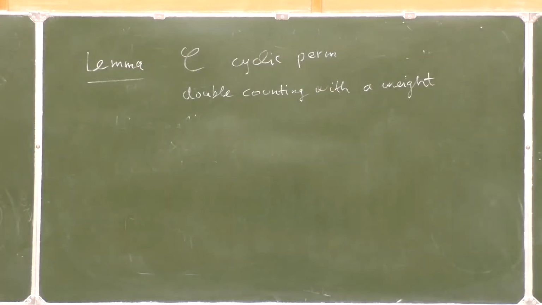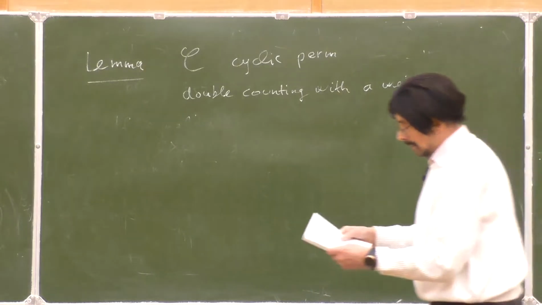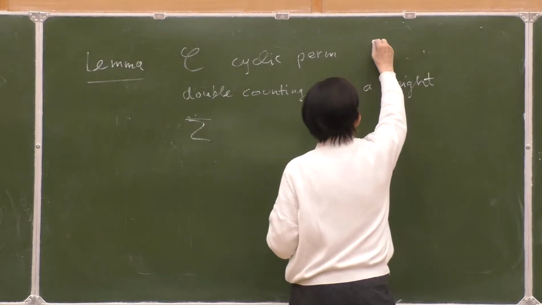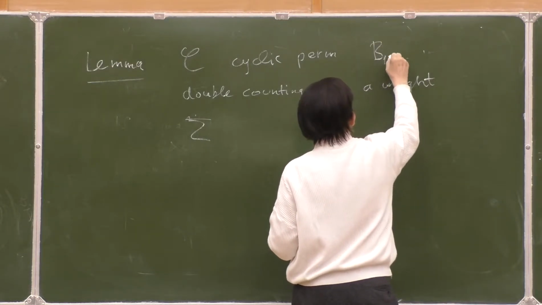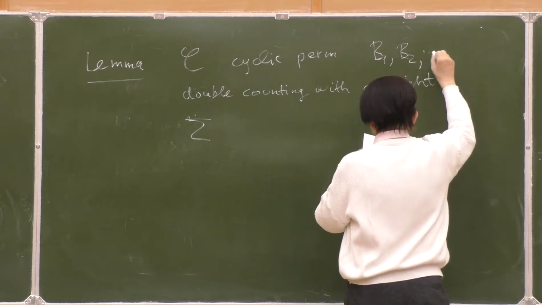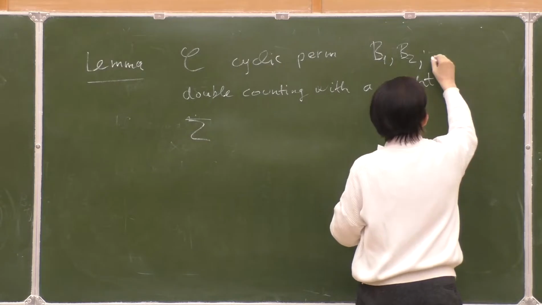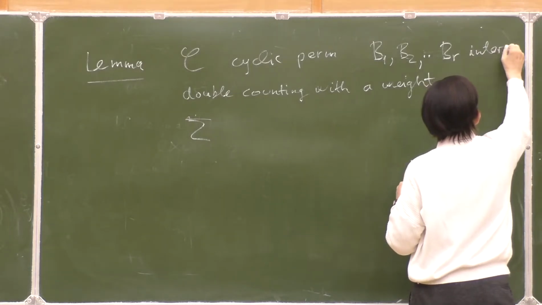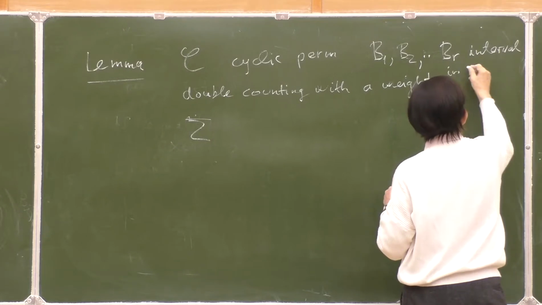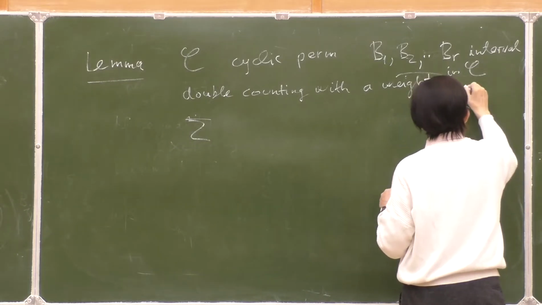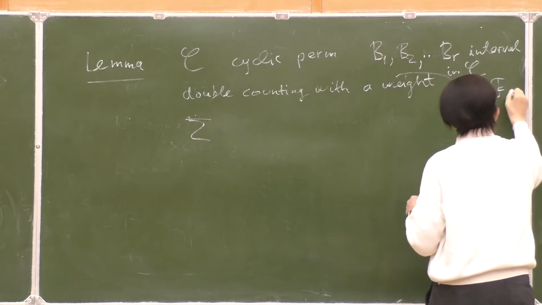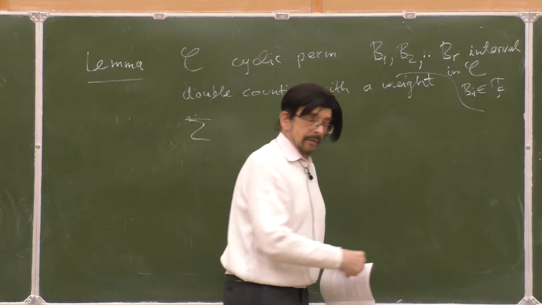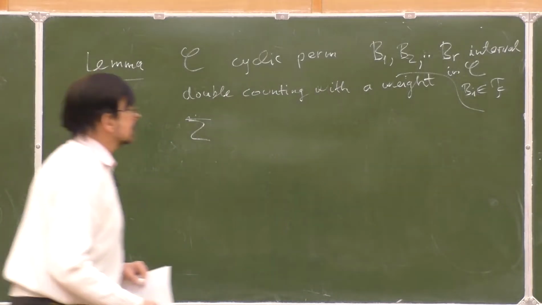So if we have B1, B2, BR intervals in C, but of course they are all in the family, so it's intersecting.